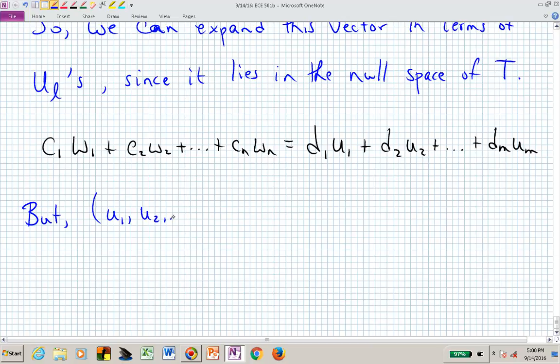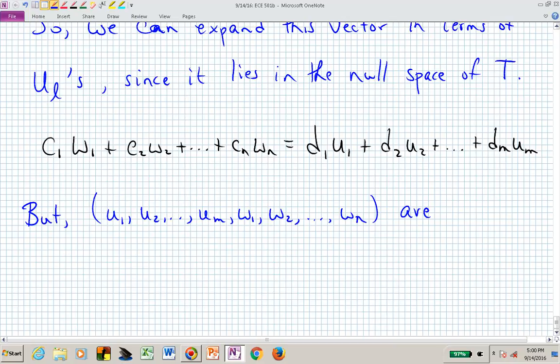U1, U2, up to Um, W1, W2, up to Wn. If they're a basis, what do we know? If it's a basis, then they span the space, which we know is all of V, but they have a second property: they're linearly independent.